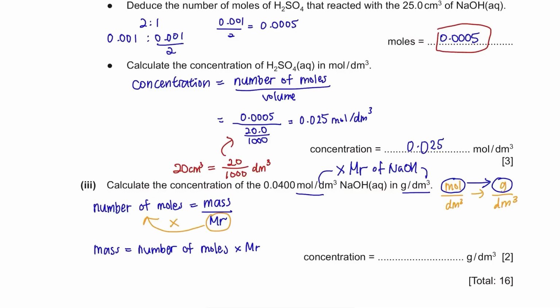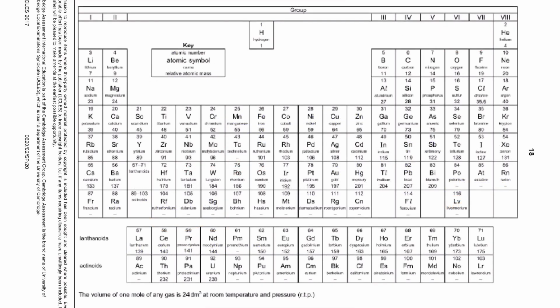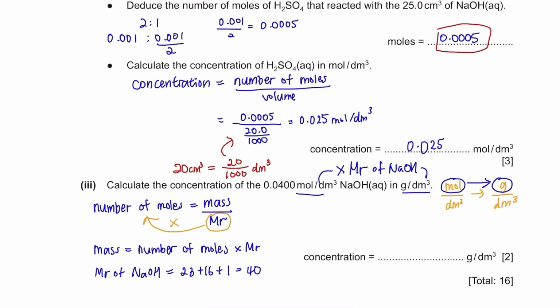The relative molecular mass of NaOH can be found in the periodic table. Na is 23, O is 16, and H is 1, and they add up to 40. So 40 times 0.04 mol per dm³, it's 1.6 gram per dm³.